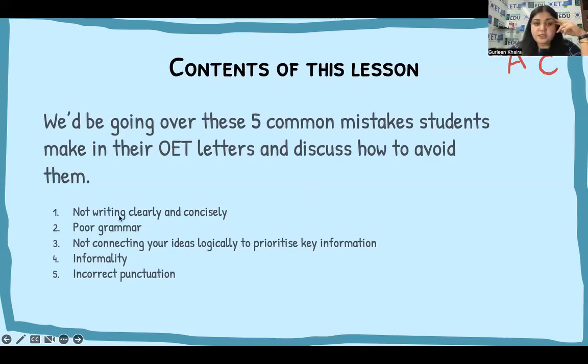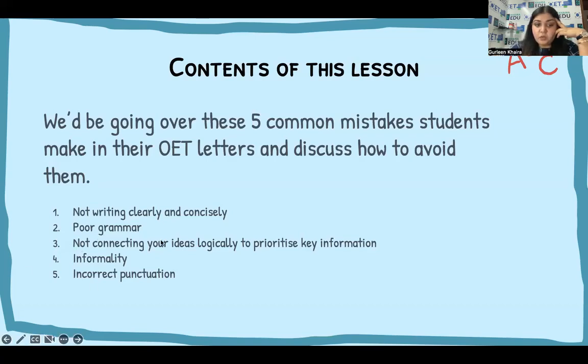So the first one was not writing clearly and not writing concisely. So we need to write in a concise manner, which means in a brief way, using the shortest words possible. In a simple manner, not necessarily meaning simplistic, but simple, something that is clear for the reader. The second area would be using poor grammar, which would include errors related to your tenses, their aspects, and using correct time markers with your perfect tenses.